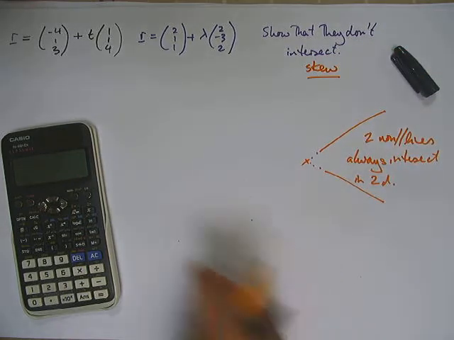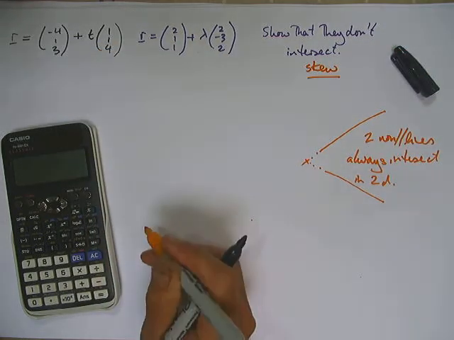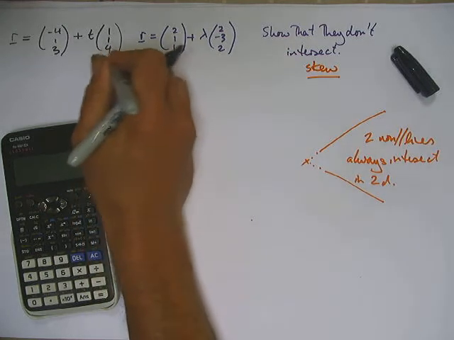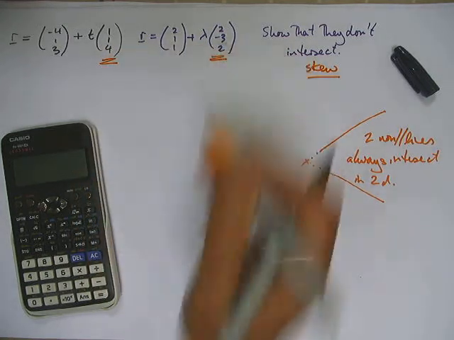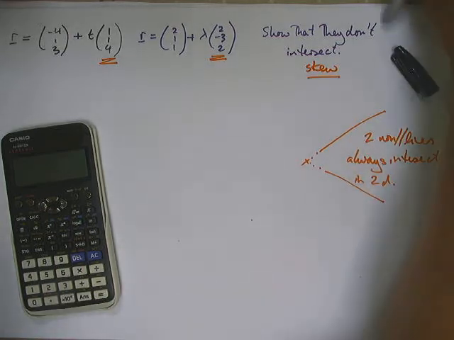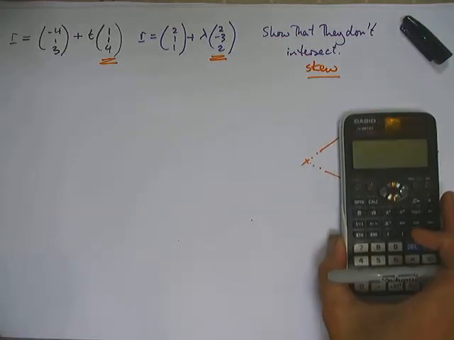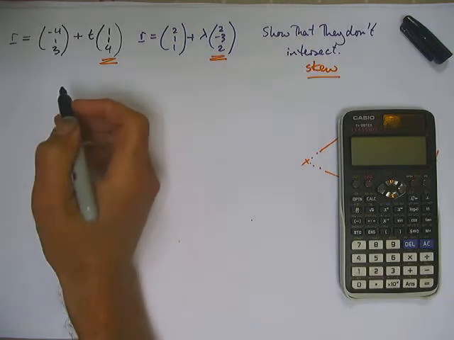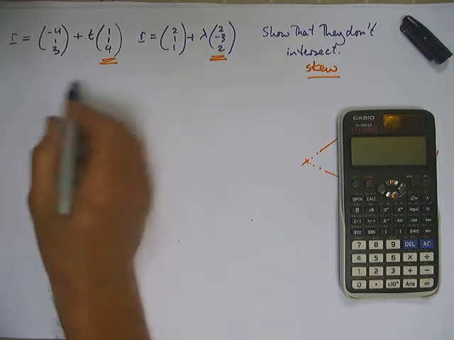How do we know that these 2 lines aren't parallel? They are not parallel because the direction vectors are not multiples of each other. So because the direction vectors aren't multiples of each other, either they intersect or they are skew. How do we go about showing that they don't intersect? We form the 3 equations.